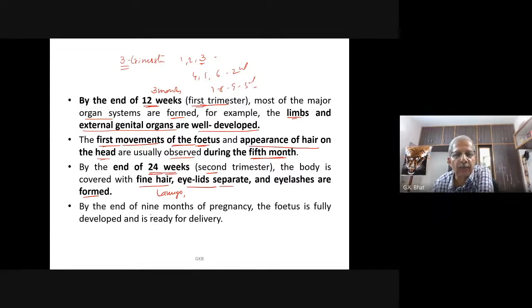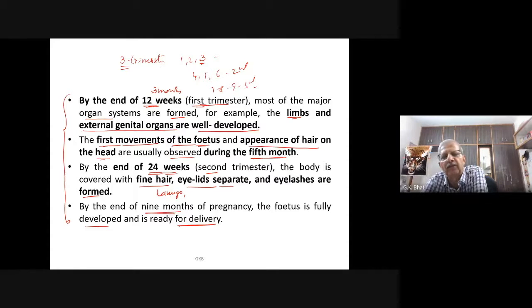By the end of 9 months of pregnancy, that is the third trimester, the fetus is fully developed and ready for delivery. All these events, step by step, you must remember. It is asked what gets formed during the first trimester, what gets formed during the second trimester, what is formed during the 5th month, what gets formed during 12 weeks or 24 weeks.